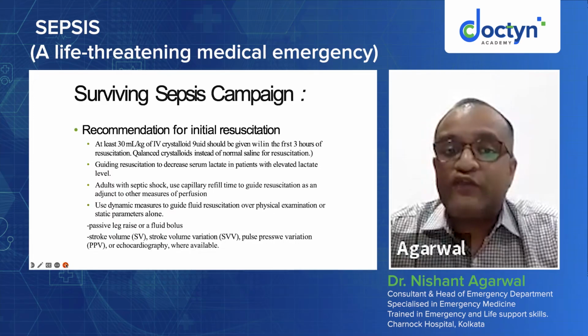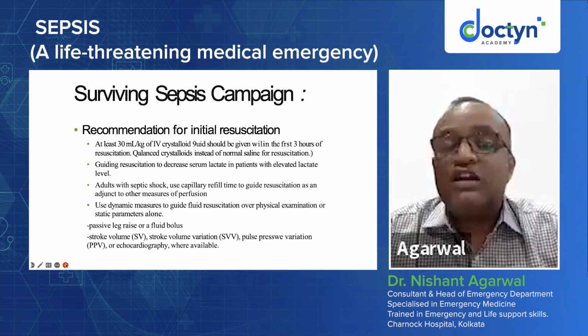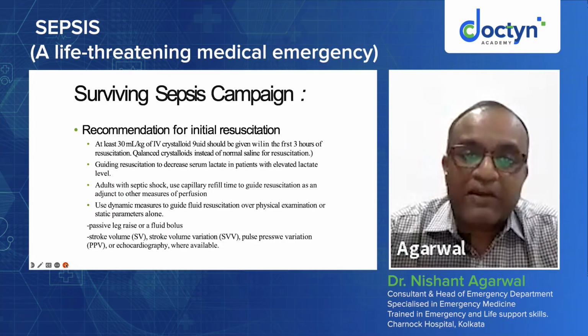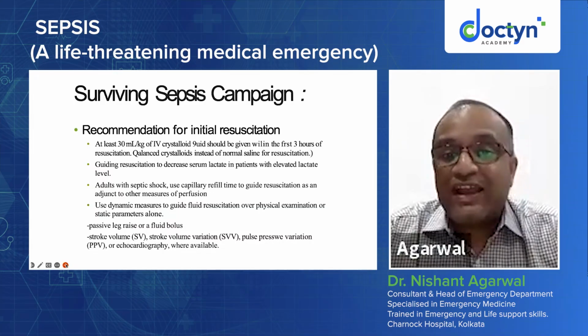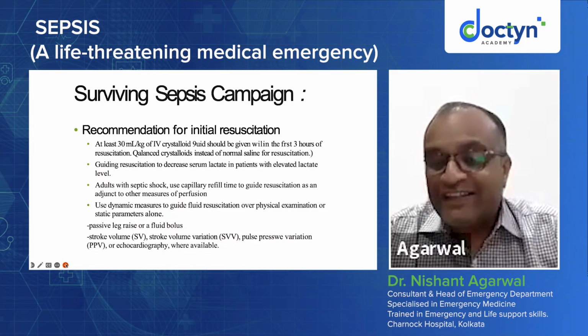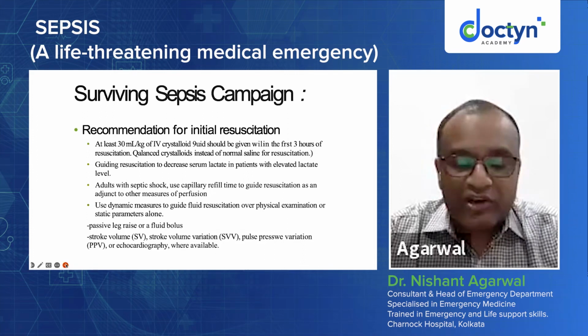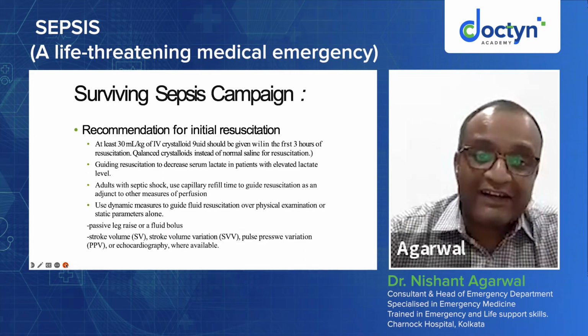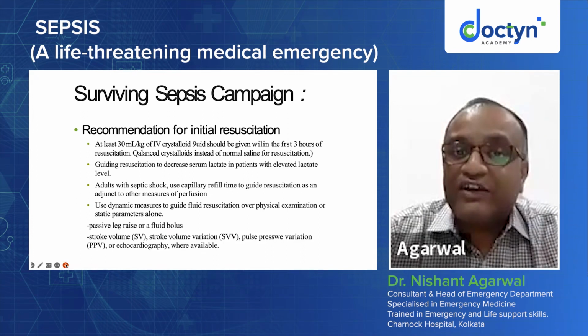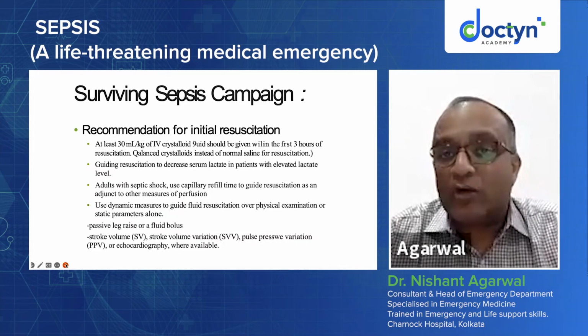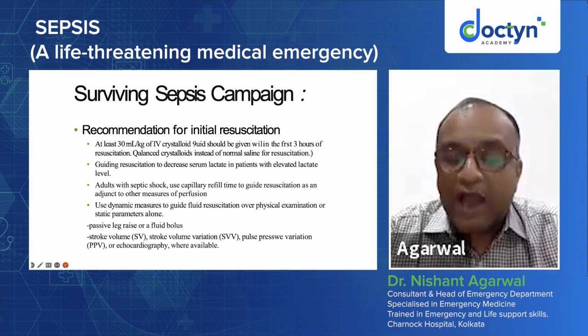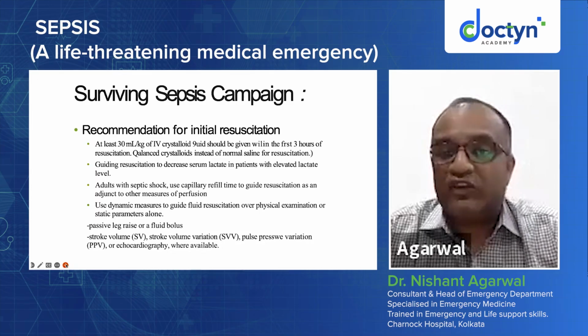The osmolarity of the fluid is very high. So ultimately, it leads to hyperchloremic metabolic acidosis. Already the patient is in sepsis, with metabolic acidosis and higher lactate levels, and we are further deteriorating it by giving normal saline, leading to hyperchloremic metabolic acidosis.